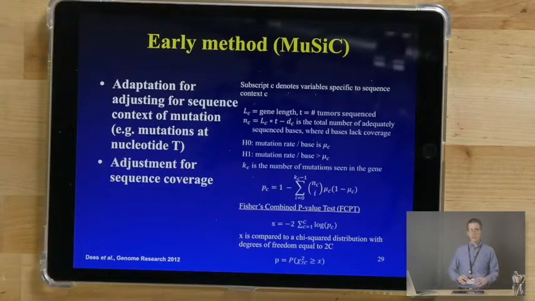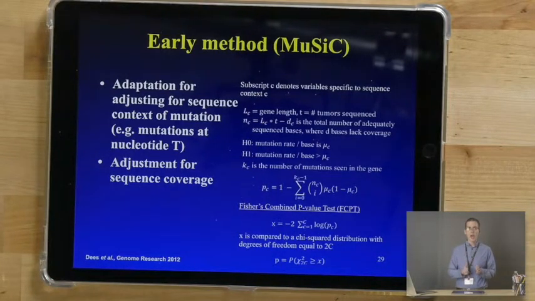So this leads us to want to develop a model that is a little bit better, that captures some of these intricacies. One adaptation that was used by MuSiC was, instead of considering the mutation rate as purely global, they developed models for multiple sequence contexts.